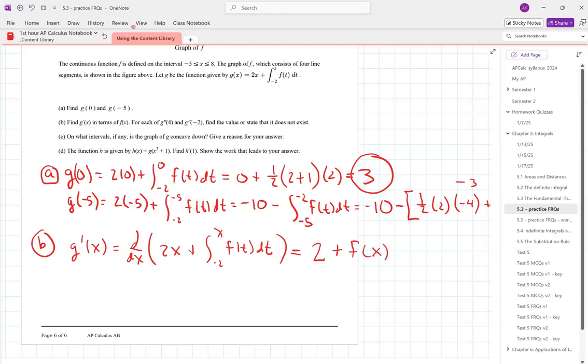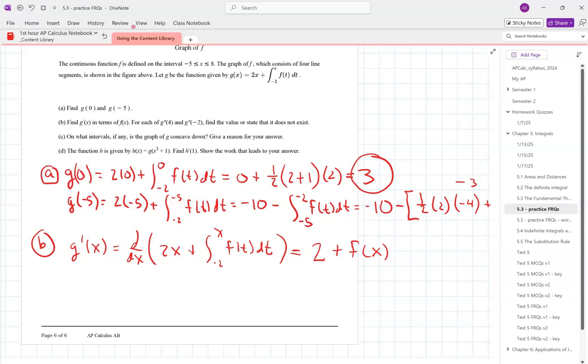Again, remember the variable name changes to whatever's in the integral. Does that feel good? And don't worry about the chain rule here because the bound is x and the derivative of x is just 1, right?